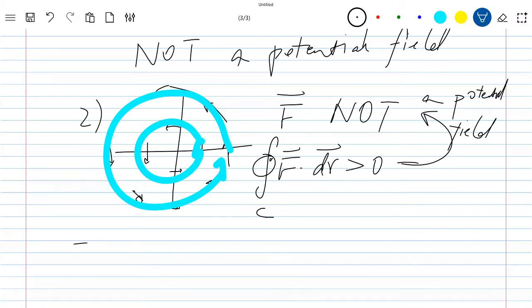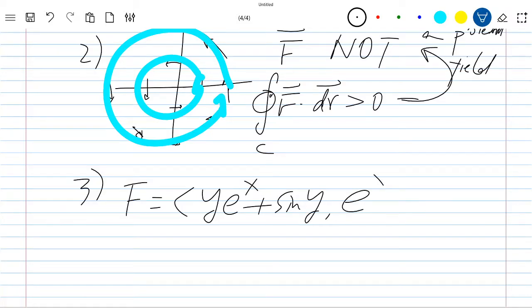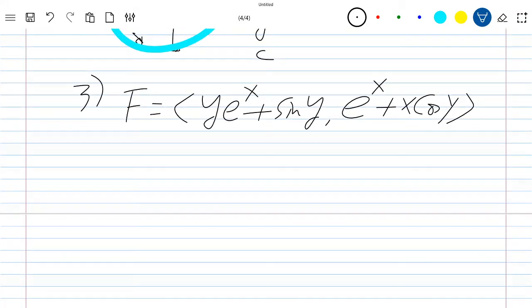Let's try this one. F equals (y e^x + sin y, e^x + x cos y). Okay, very complicated, right? So, do you think this is a potential field? Well, we wouldn't know it, let's say 2 days ago, but now we know it because we can just check it.